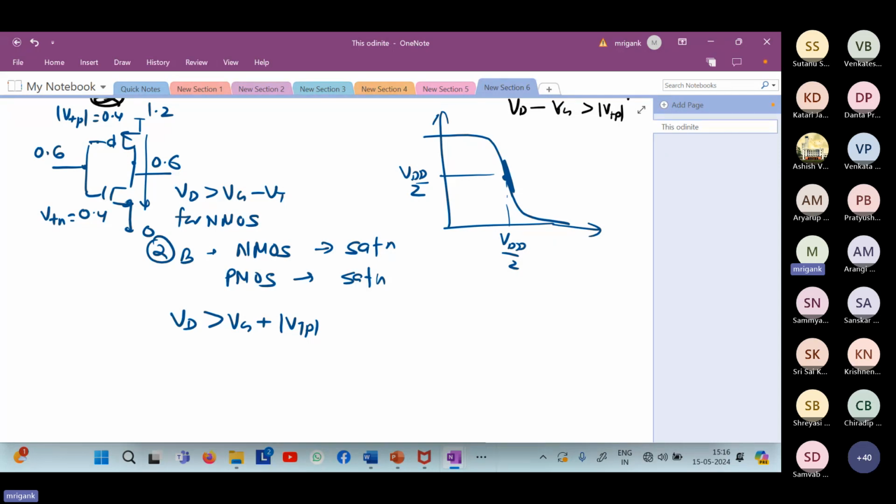Both PMOS and NMOS are in saturation and the small signal models that you derive for PMOS and NMOS are valid because they are used in the saturation region, and you get good signal gain from one of these stages. So if you have to use this as an amplifier, definitely we need to bias it like this. V in is equal to V out. We need to enforce this.